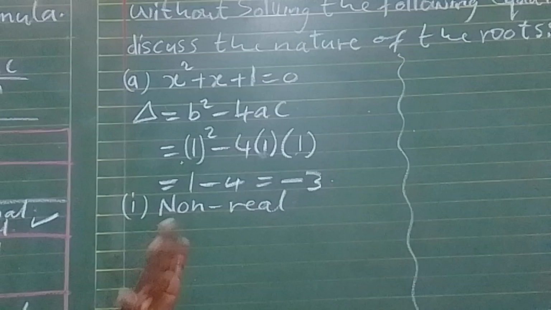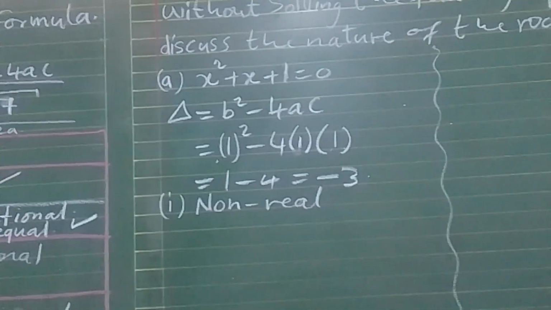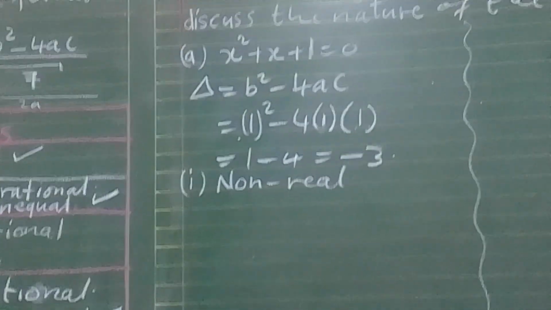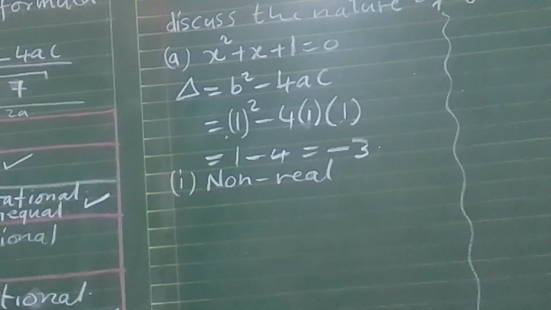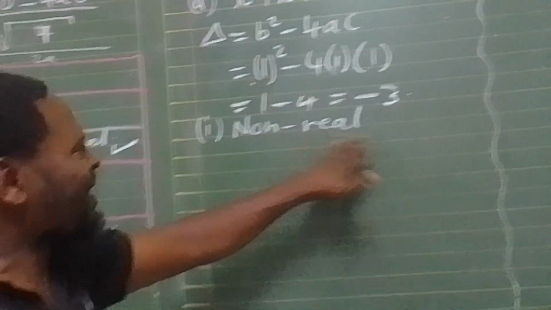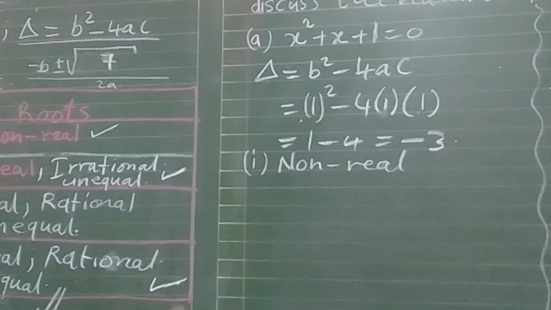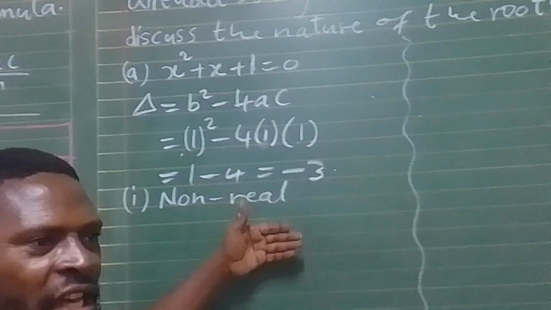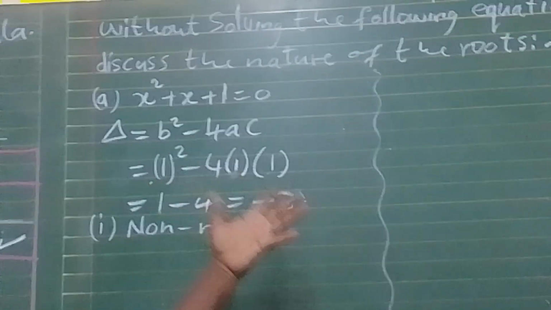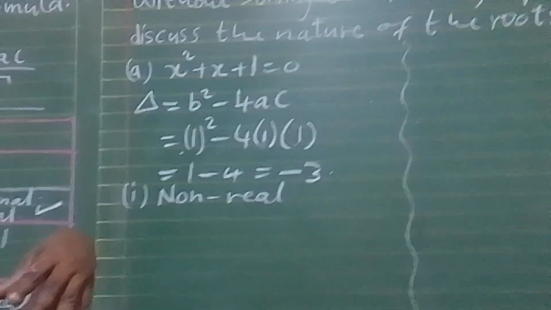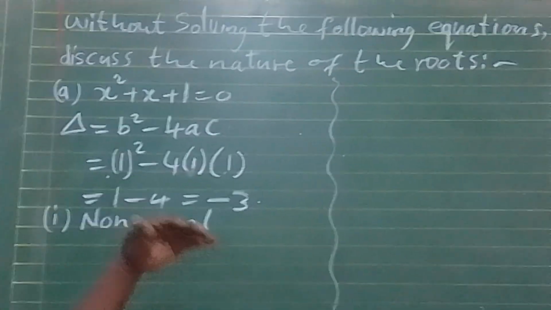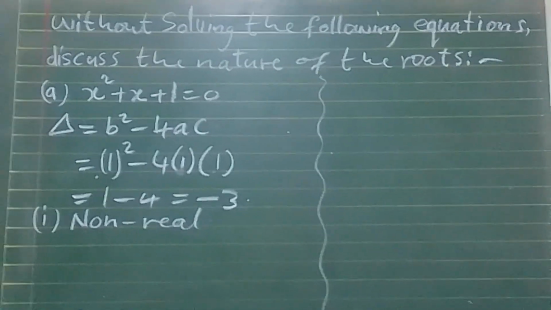Once the number is non-real, you don't have to talk about rational, equal, and so on. Once it is non-real, it ends there. If it is real, then you go and explain how real, so it is equal or unequal, rational or non-rational.